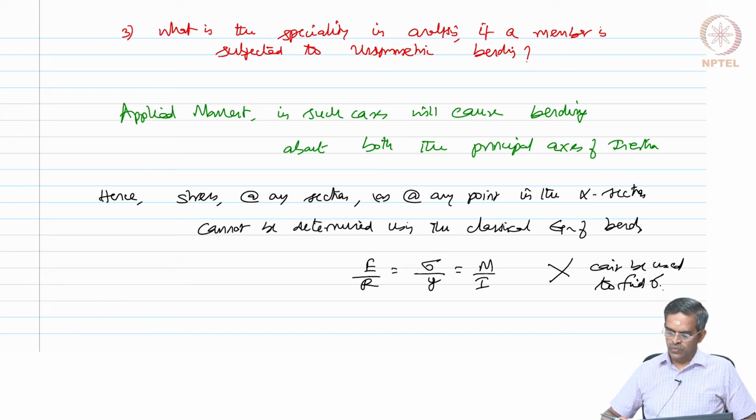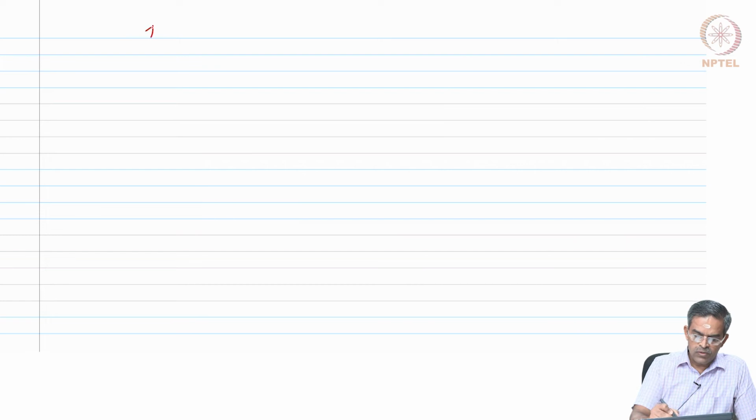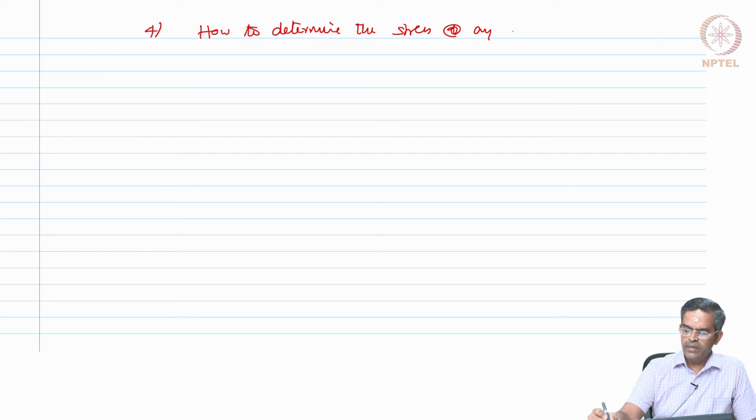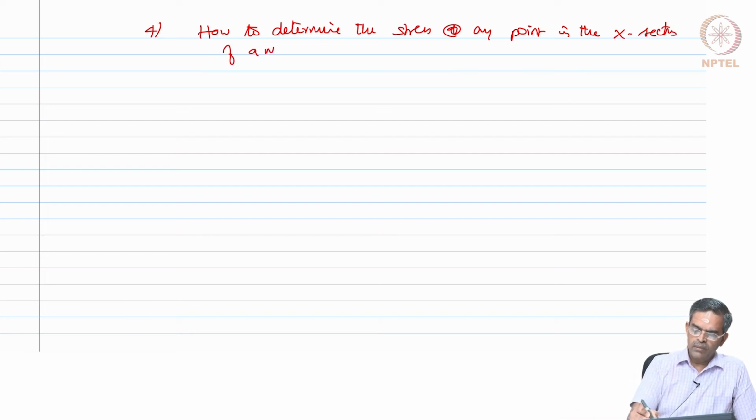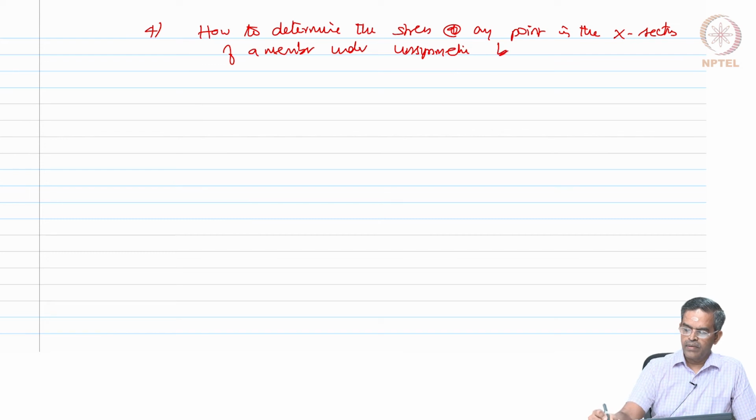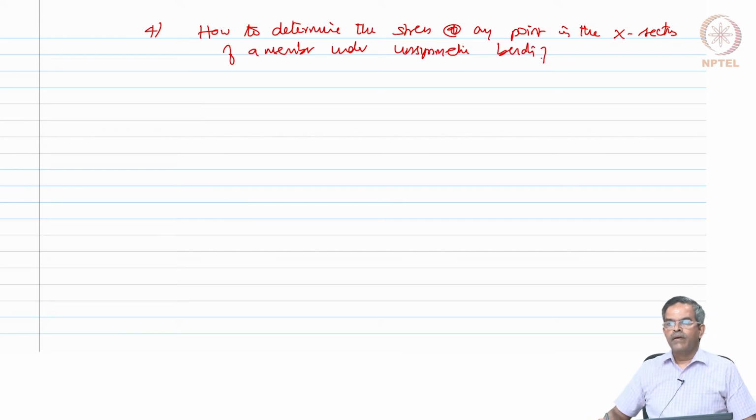Now, what do I do to determine the stress when a member is subjected to unsymmetric bending? So, the question is then how to determine the stress at any point in the cross section of a member under unsymmetric bending. Okay.